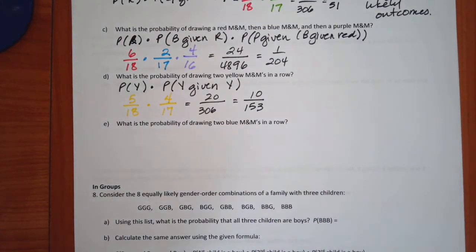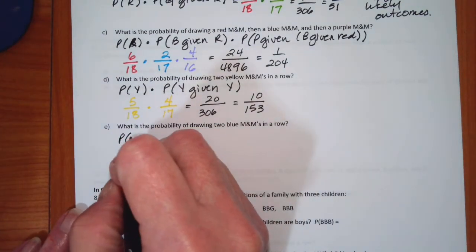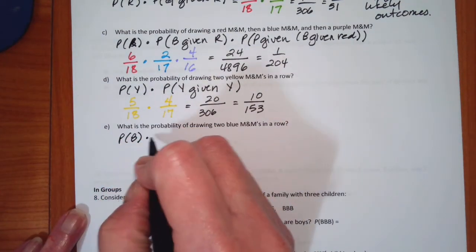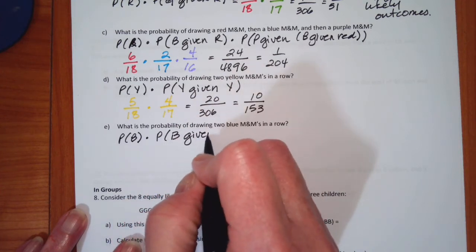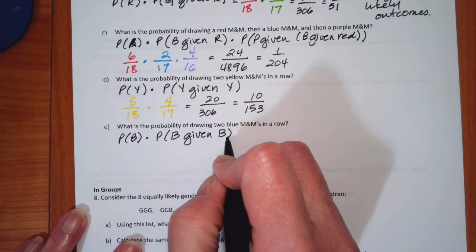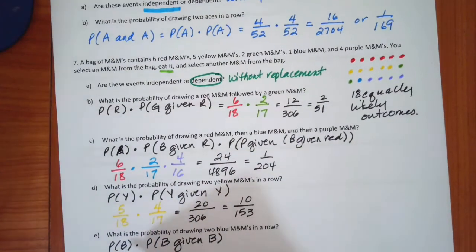Okay. All right, what is the probability of drawing 2 blue M&Ms in a row? So we need to find the probability of a blue times the probability of a blue given that we've already drawn a blue. Well, there is 1 blue out of the 18 possible outcomes.